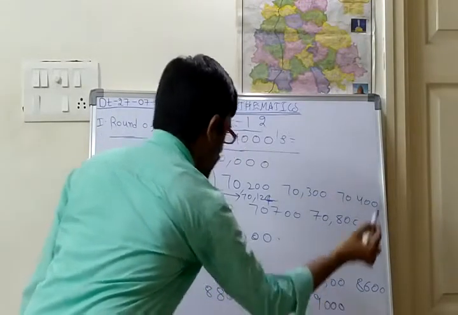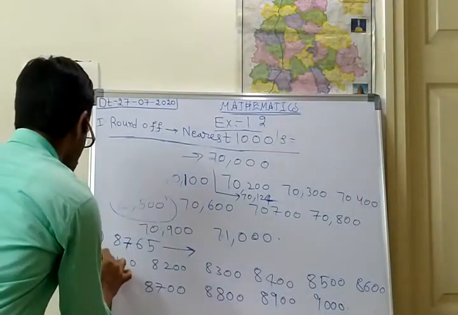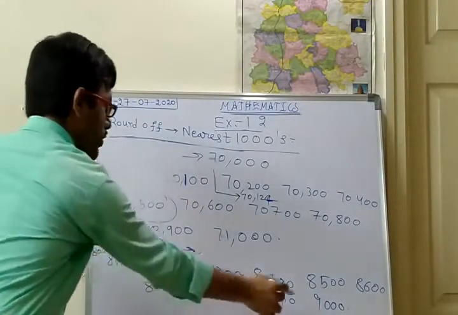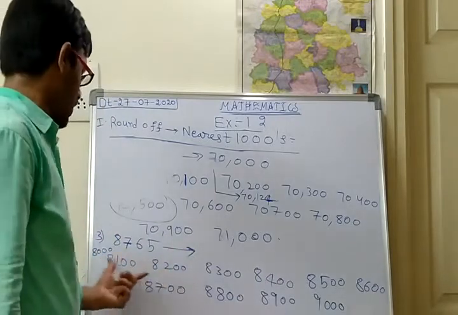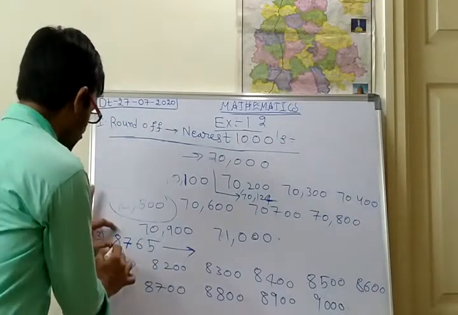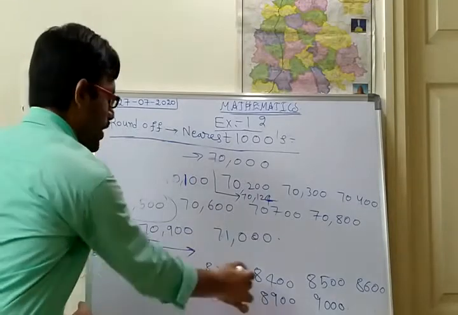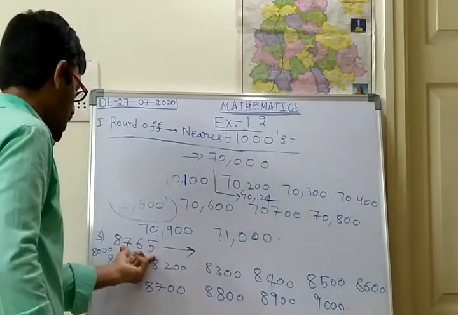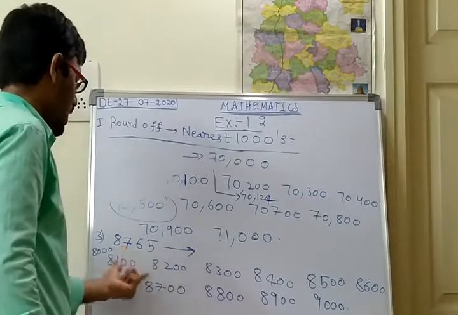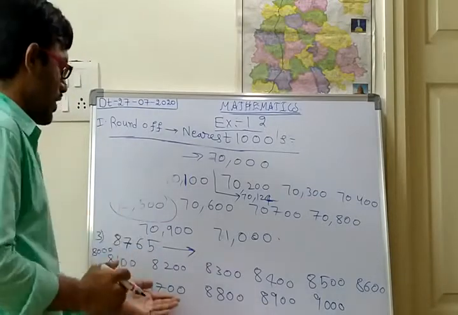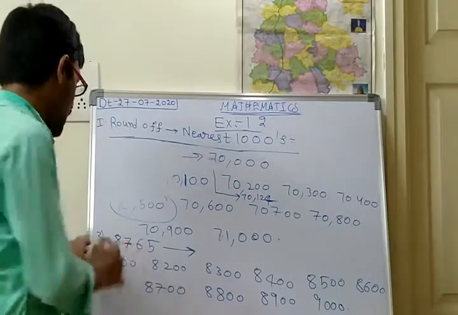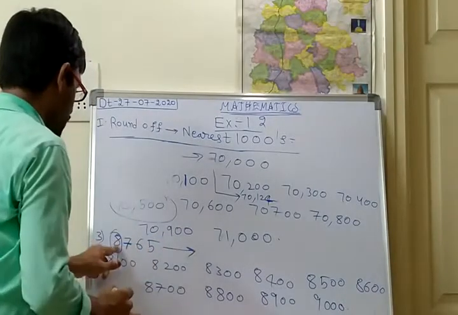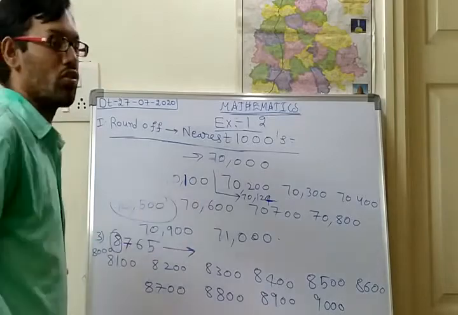So this number will be in between 8,000 and 9,000. First of all, 8 is the thousands place, so for every number 8 should be there. After 8 it is 700, so it is in between 700 and 800, but here we have to take the thousands.